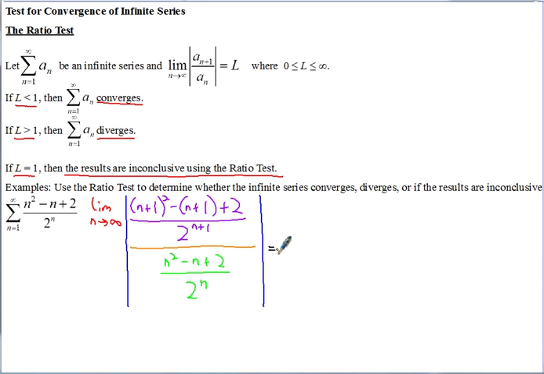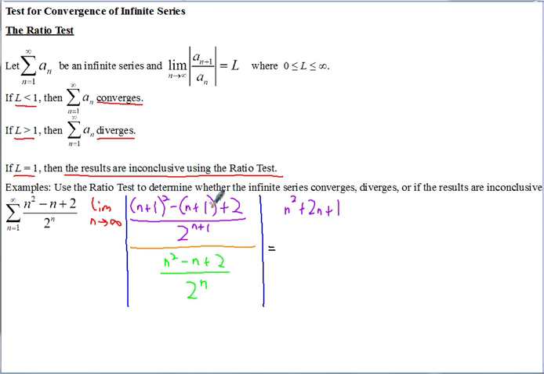To simplify this, remember when you divide two fractions, dividing by a fraction is the same as multiplying by its reciprocal. And we'll also simplify the a sub n plus 1 by multiplying that out. So we'll do two things at the same time here. If we square n plus 1, you get n squared plus 2n plus 1.